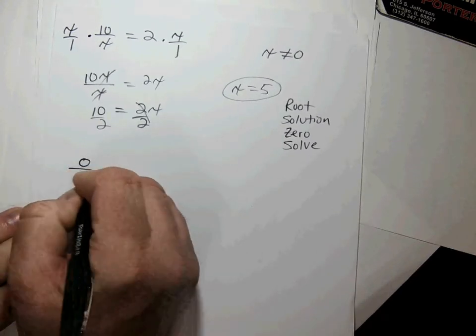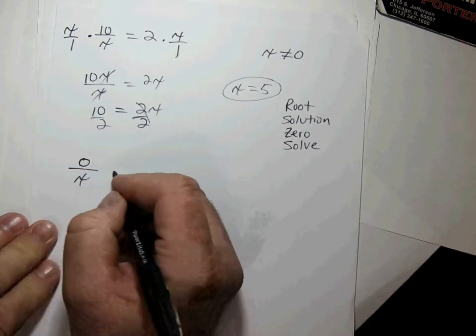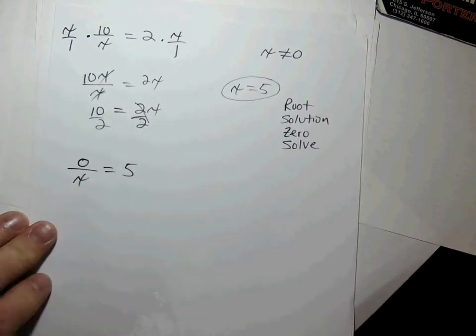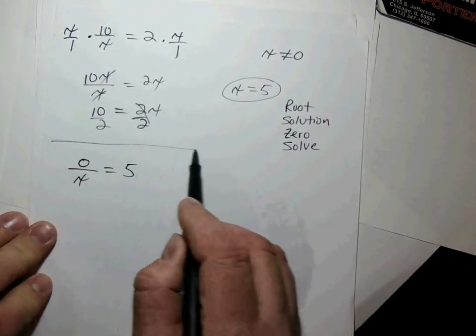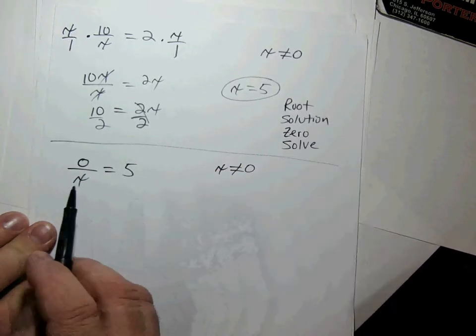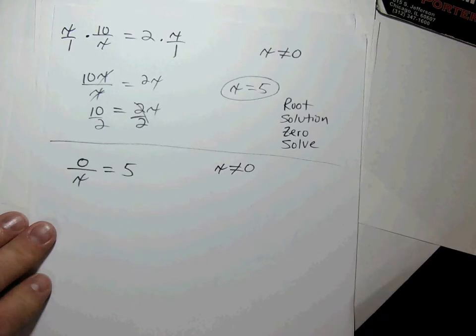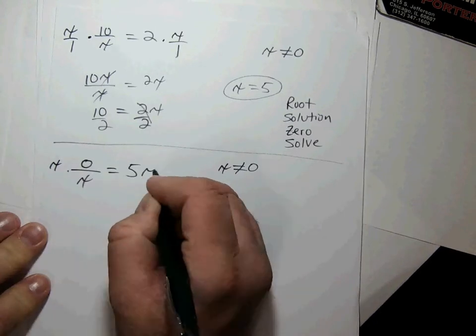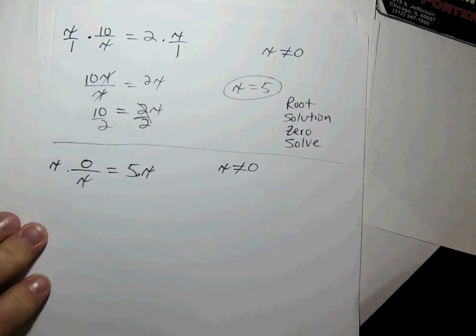Okay, example 3 on the next page. Very similar to this one. 0 divided by x equals 5. Okay? Again, I've got a denominator of x. So I cannot allow x to be 0, because if x were 0, I would have a denominator of 0, and that's not allowed. Okay? So let's otherwise continue the problem. I'm going to multiply both sides by that common denominator of x.